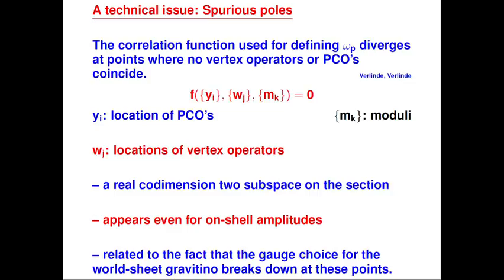But what I will discuss next is a technical issue which has been hidden in what I have described here, and that has to do with what are called spurious poles in this picture changing operator formalism.